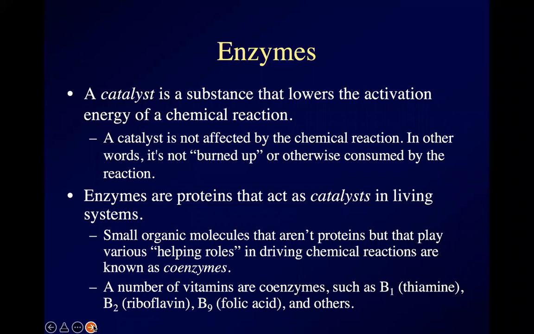The catalytic converter has little strips of platinum in it, and as the hot exhaust passes over the platinum, compounds that are potentially dangerous, like carbon monoxide, are turned into less dangerous compounds like carbon dioxide. The catalytic converter makes your engine exhaust a bit safer and gets rid of some of the pollution that it would otherwise produce. And that's because the platinum in there acts as a catalyst.